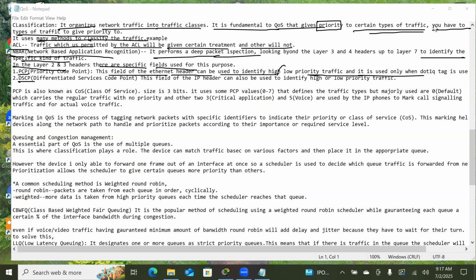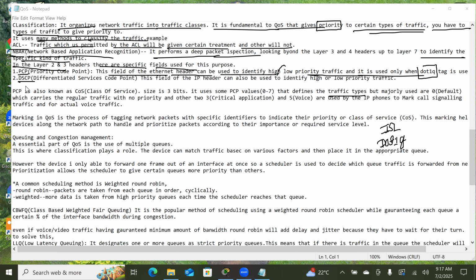It's used in layer 2, where you find the Ethernet header. So in the Ethernet header, we have a separate field called PCP, where it defines the traffic priority or type. But it is used only when it is using the .1q tag, which is one more tagging protocol. One is ISL and the second one is .1q.